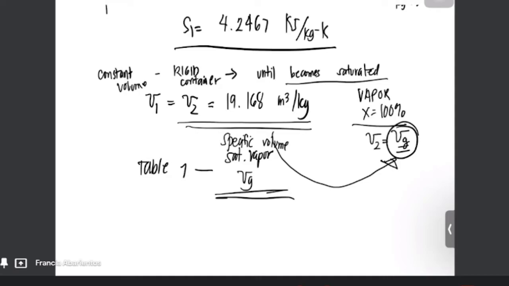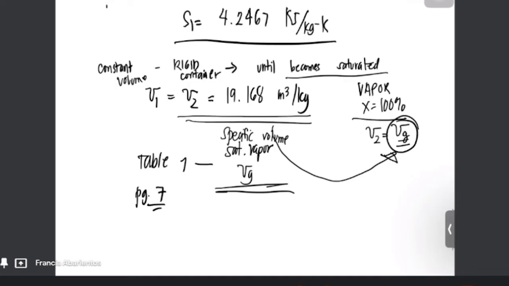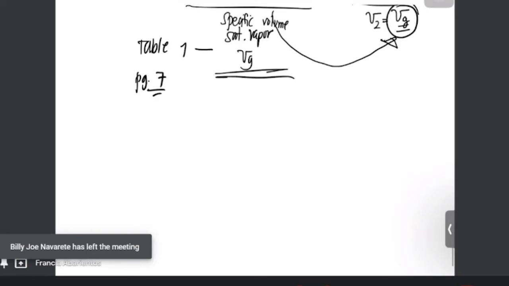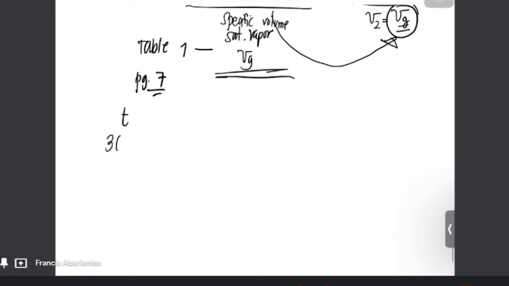Okay. Punta kayo dito sa Table 1, page 7. Ang temperature niya is between 306 and 307. Why?